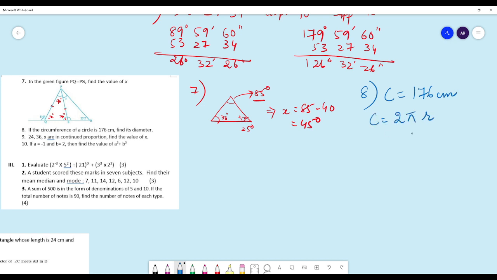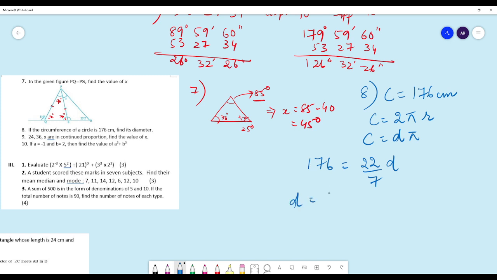Circumference is 2 pi r, or if you are smart enough, you would know that circumference is also equal to d pi. So all you need to do is 176 is equal to, we know the value of pi, 22 by 7 d, right? So we are taking this 22 by 7, it is multiplied over here, so it will be divided to this side.